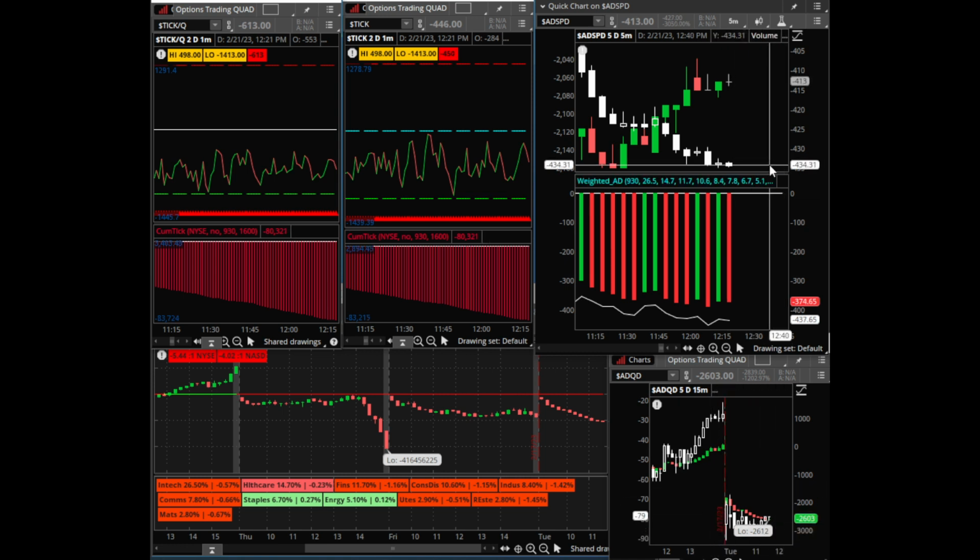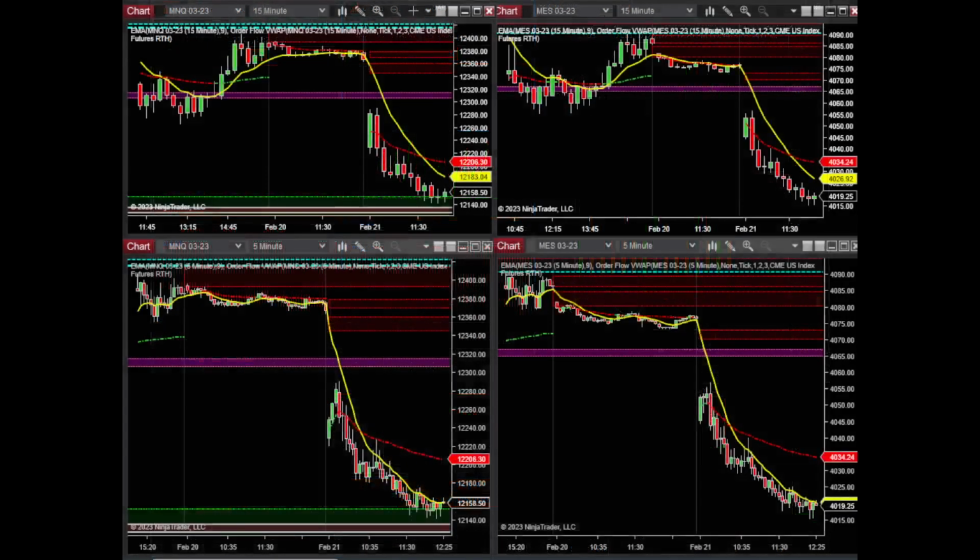If they stay pinned here and here, even if you get a pullback, and what I mean by that pullback, if we look at a couple of my 15-minute charts, so look at this chart. This is the ES, right? So this is the 15-minute EMA. This is VWAP.